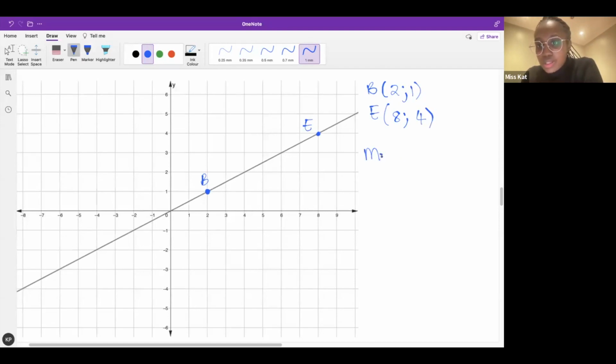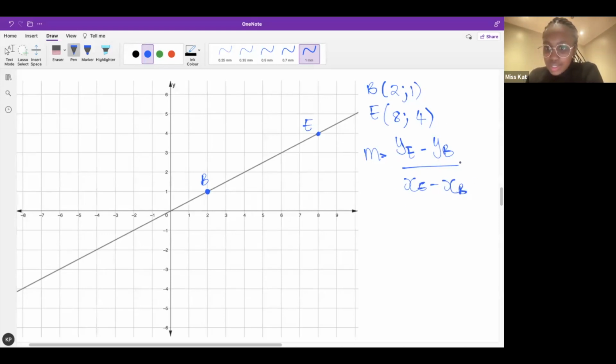So your gradient is going to be the y at E minus the y at B. Let me emphasize, guys, if you start with the point of B, it doesn't matter, you will get the same answer. How about I challenge you guys to start with B instead of E, or to use 2 different points and see if we get the same answer? x of E minus the x of B.